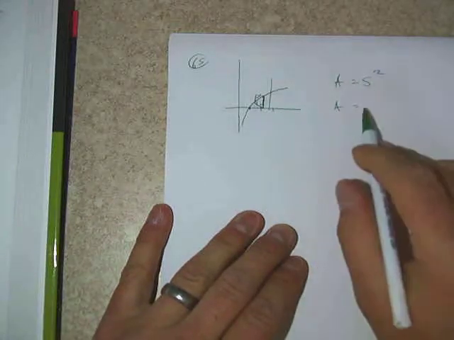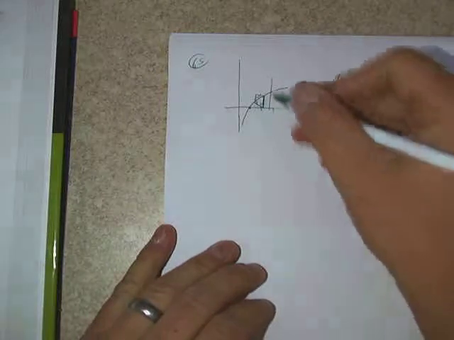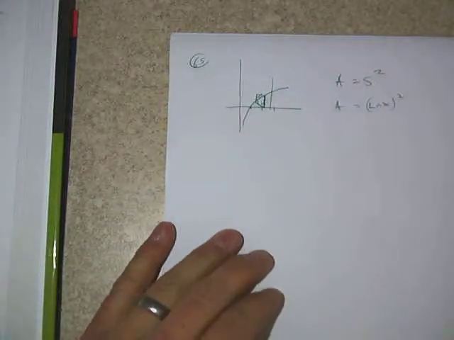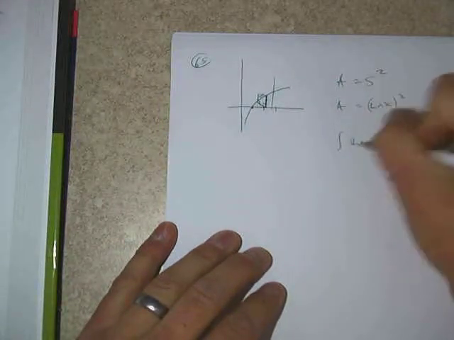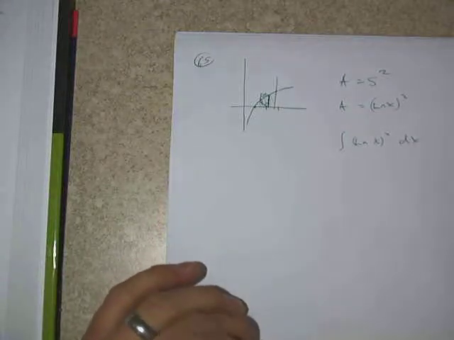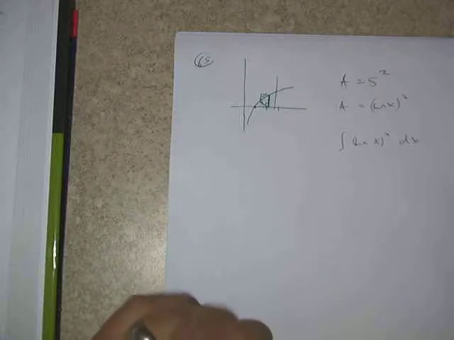And it says the cross sections of this solid S perpendicular to the x-axis are squares. So if we draw a slice in here, perpendicular to the x-axis, we have a square coming out of the page at us. Something like that. And the question is, what is the volume of this particular solid?